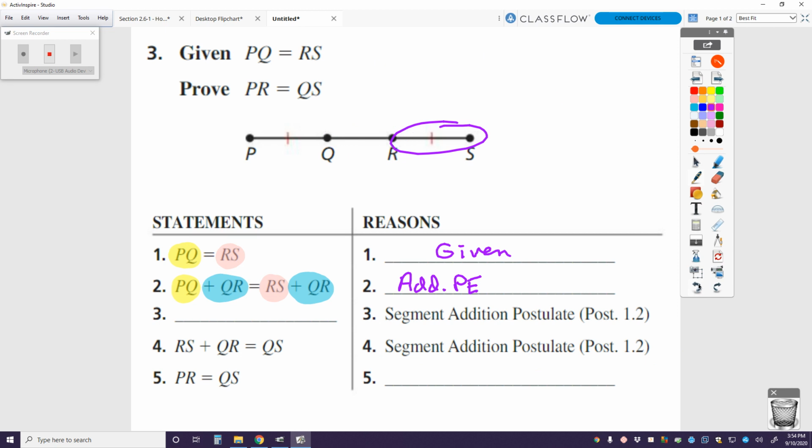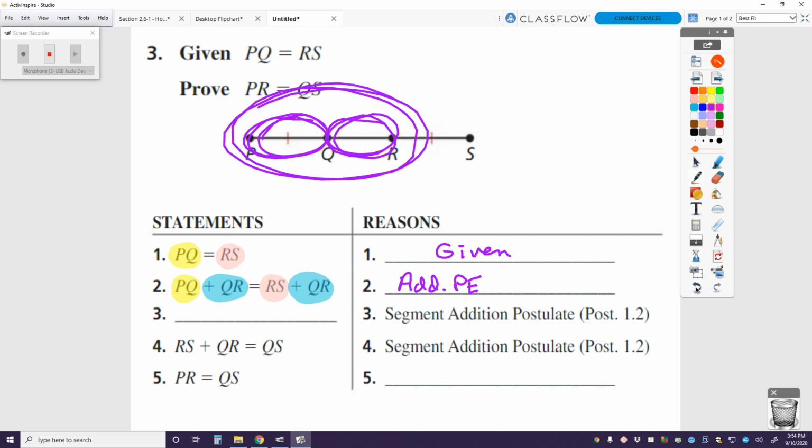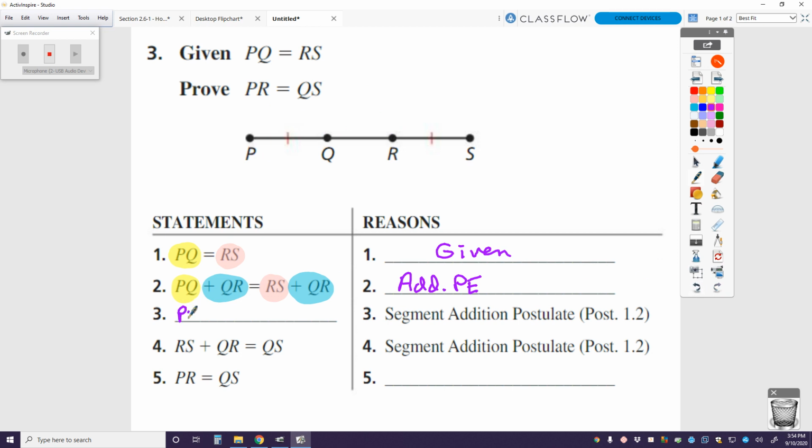So the only other place we could really use the segment addition postulate would be over here on the left side to say that PQ plus QR all together is PR. So there's statement number 3. We can do segment PQ plus segment QR makes segment, nope, wrong one, PR.